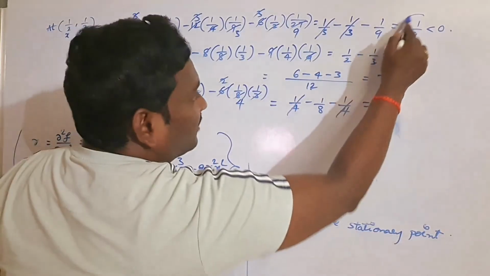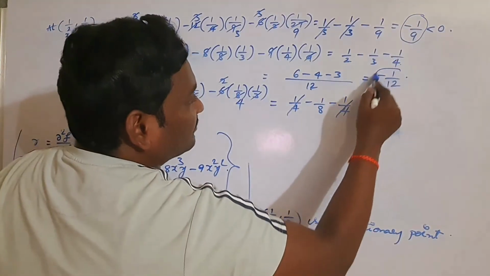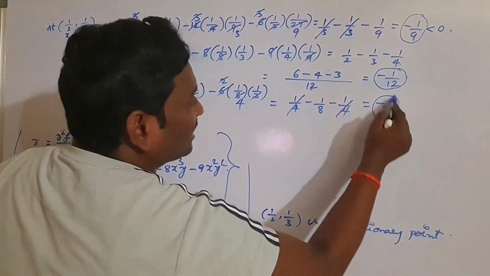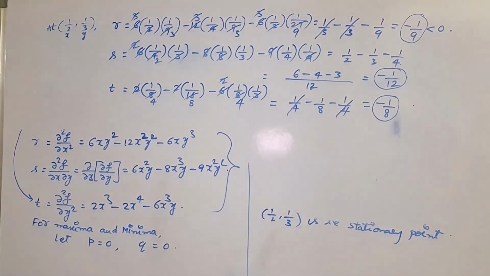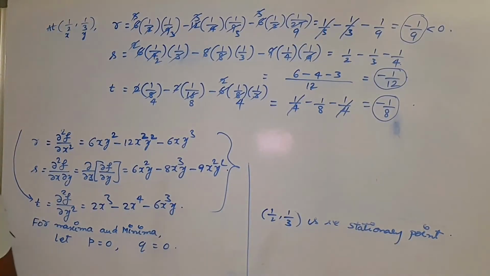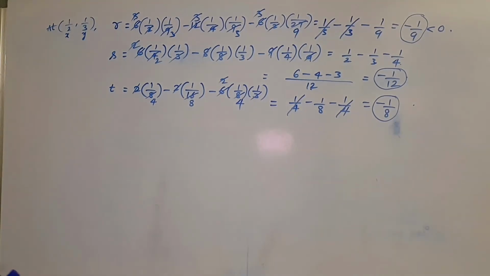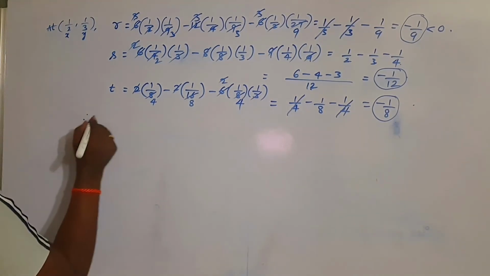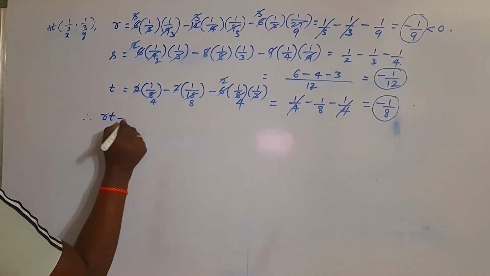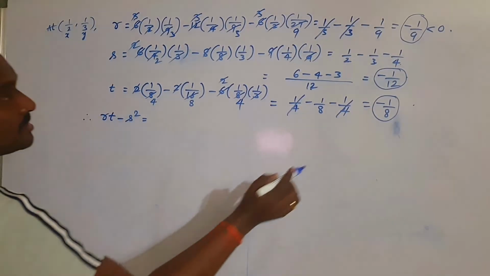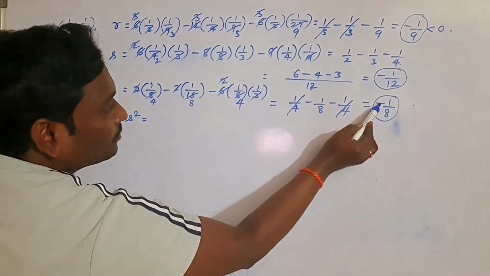So the R value is minus 1/9, the S value is minus 1/12, the T value is minus 1/8. Now we have to evaluate RT minus S square also. Therefore, RT minus S square at the stationary point becomes minus 1/9 into minus 1/8.